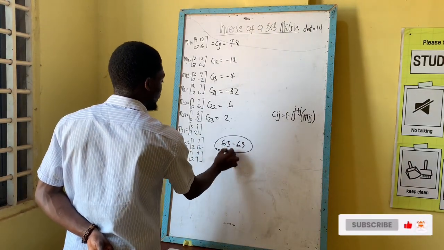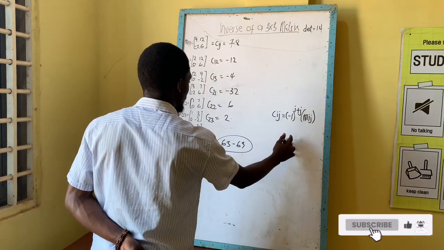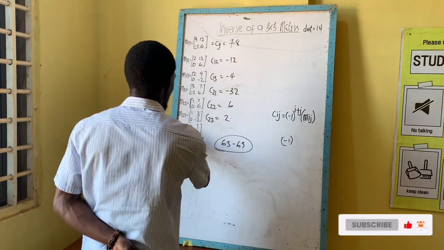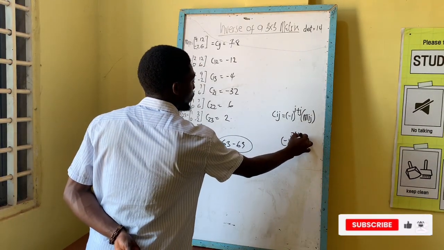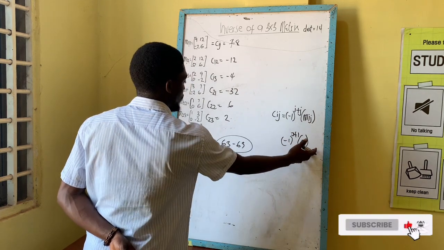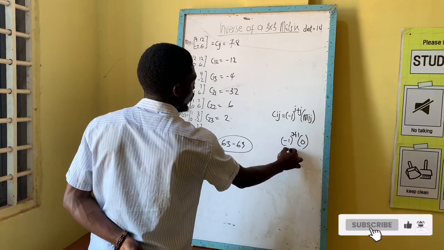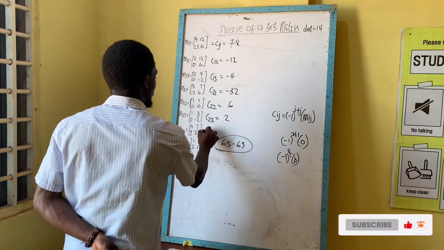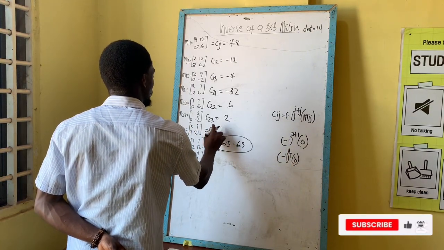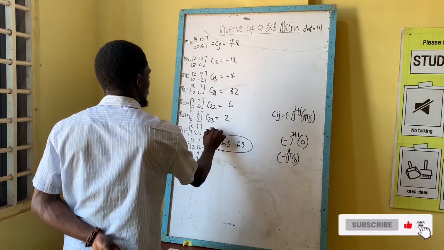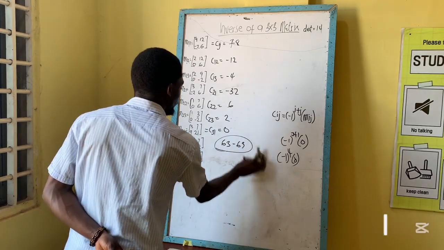So we have our determinant to be 0. So you insert it here, -1 to the power 3 plus 1, multiplied by the term, which is 0. Obviously, this gives us -1 to the power 4, multiplied by 0, gives us cofactor 3 1 to be 0.